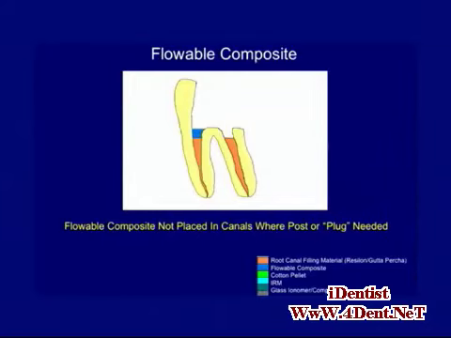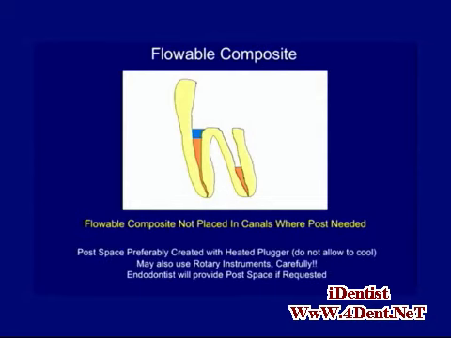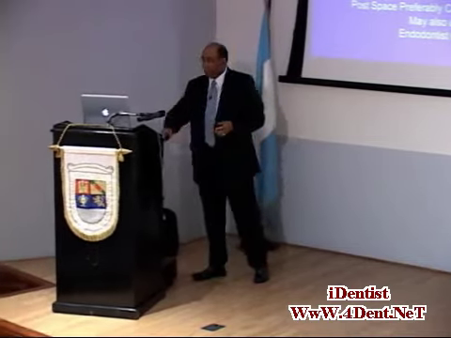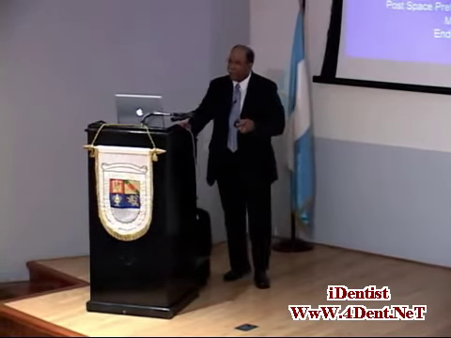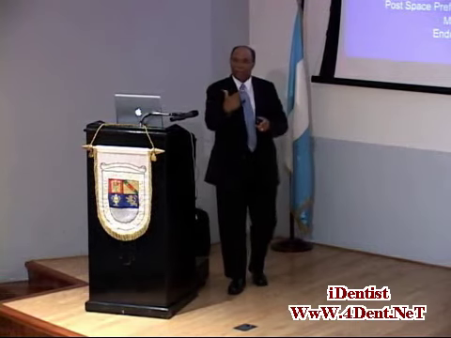So, flowable composite is not placed in canals where a post or plug is needed so that we can make that post space preparation. I've already stated I would suggest that you create, at least initially, the post space with a heated plugger. Don't let it cool.